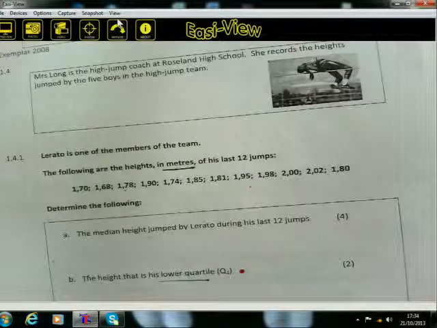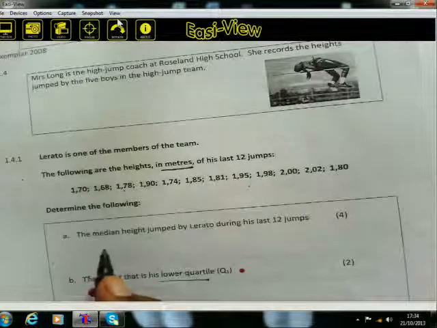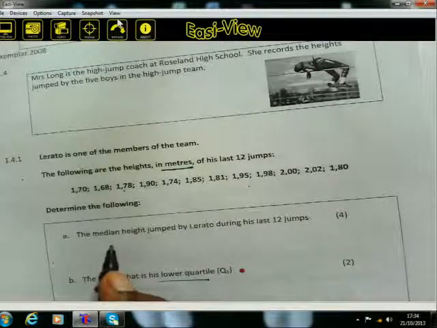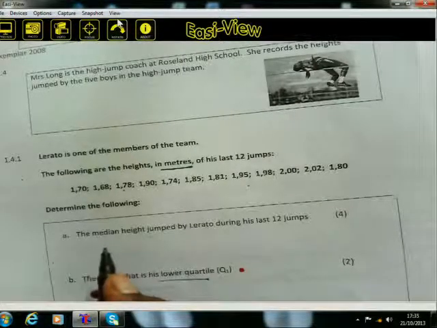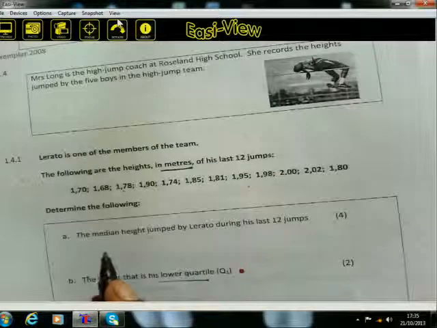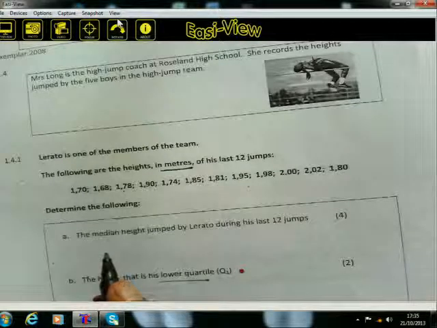So in that one, we said that when you have calculated the median, you had to rearrange it accordingly. You have to rearrange it accordingly.